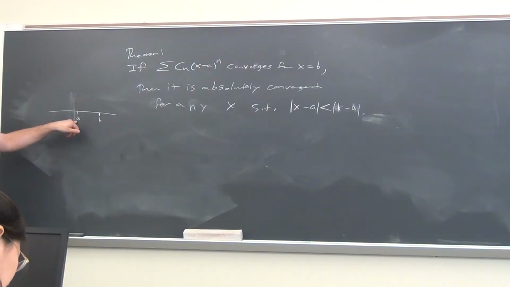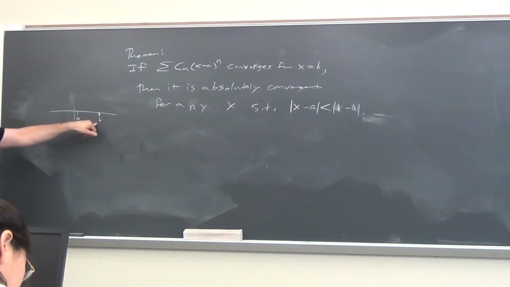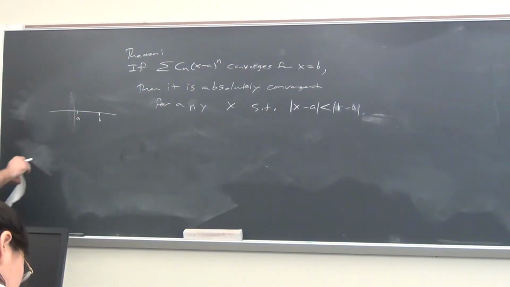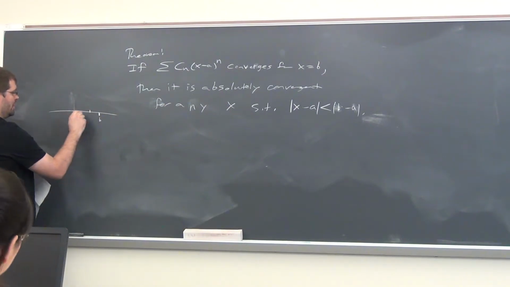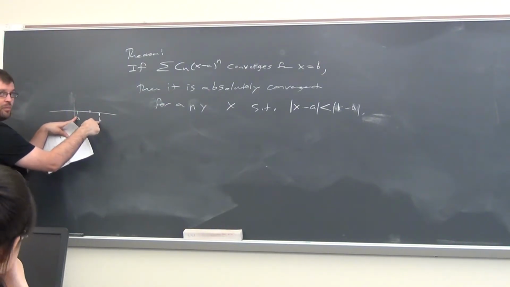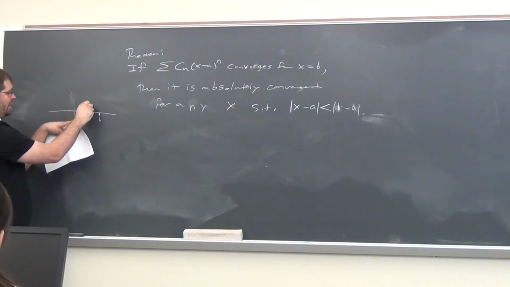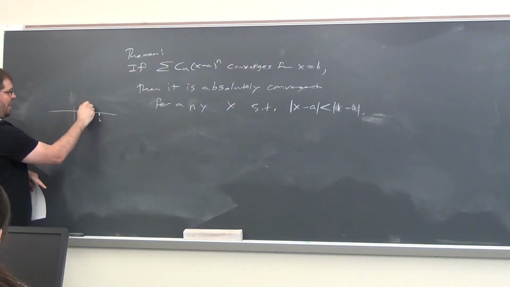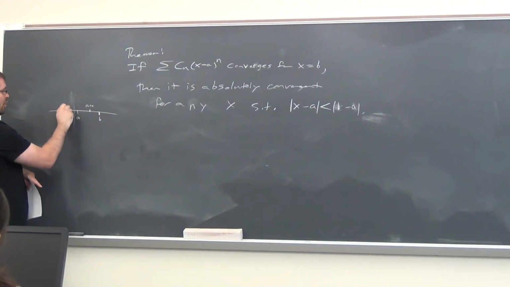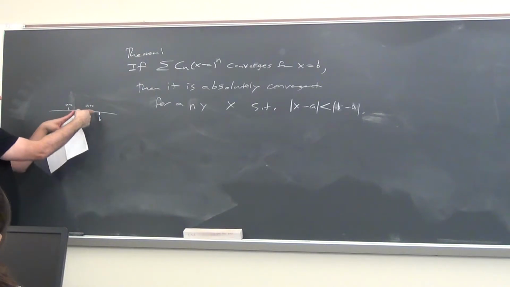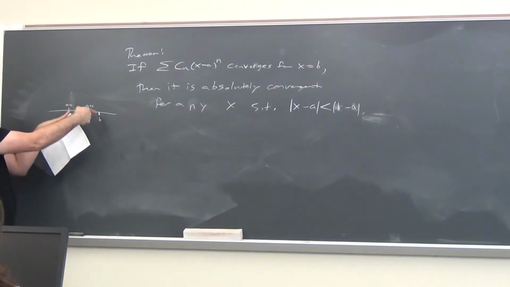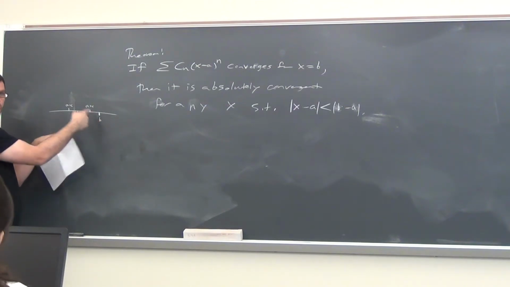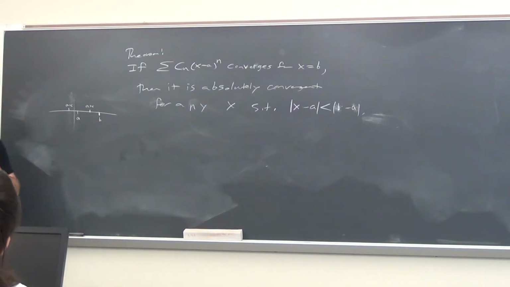It's saying if it converges at some b, and then you take any value that's closer to a than b was, so you could take some a plus some little c, or some a minus some little c, as long as that c keeps your absolute value less than the difference between b and a, then it's going to absolutely converge.